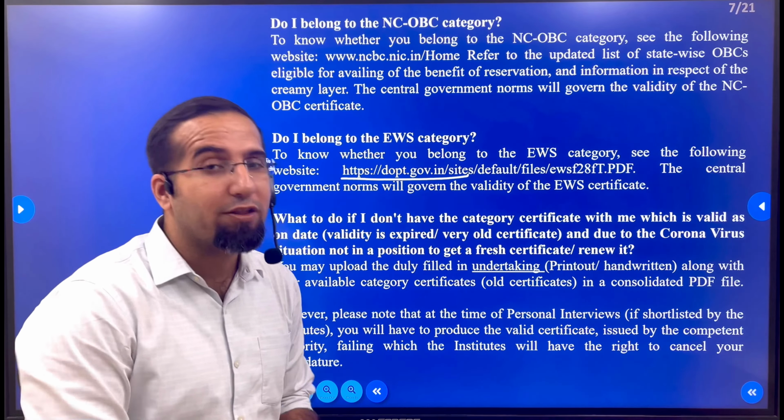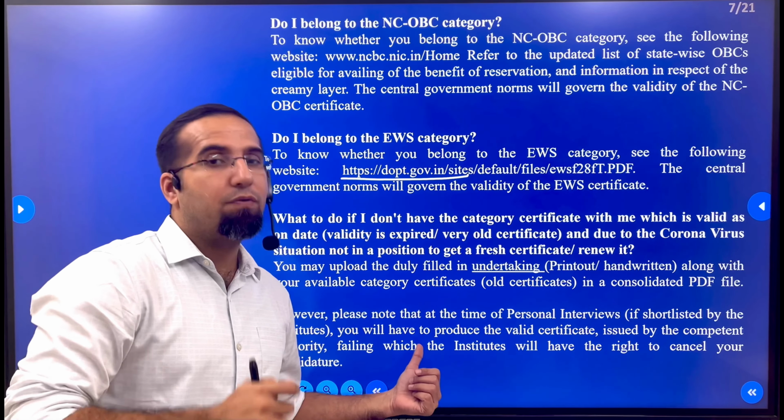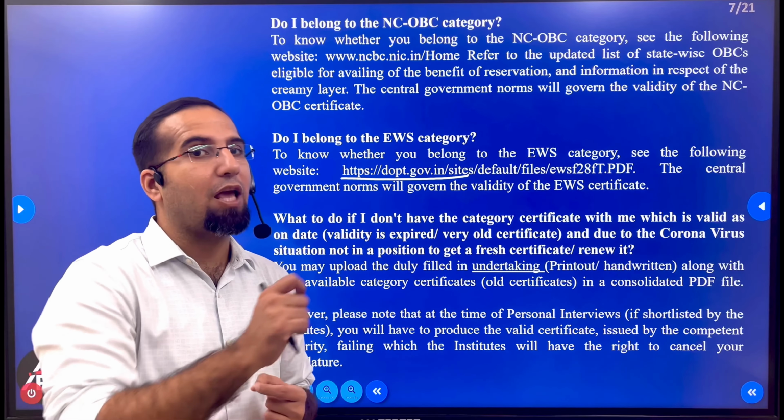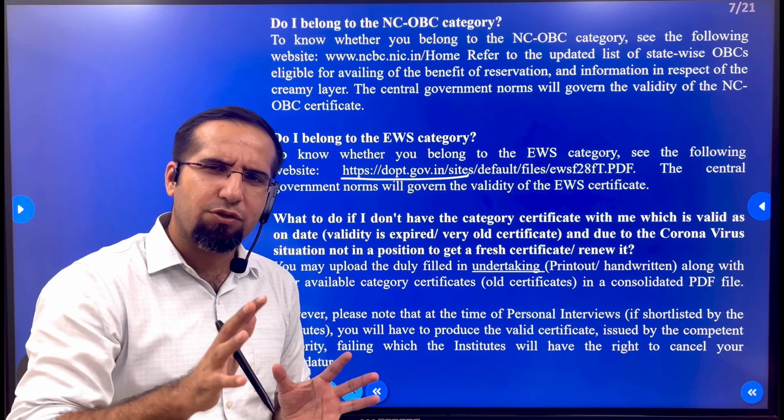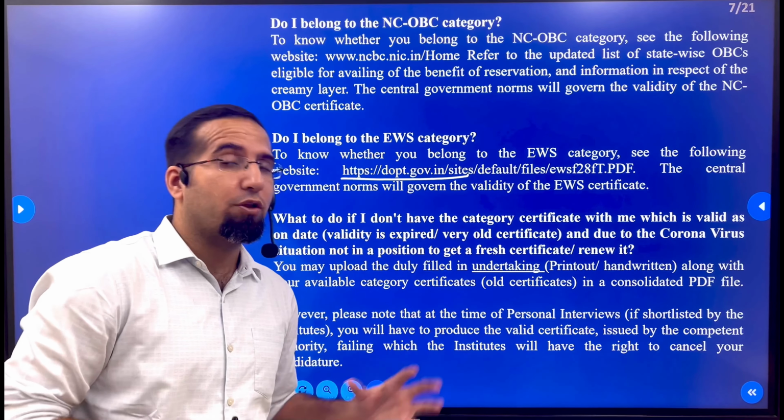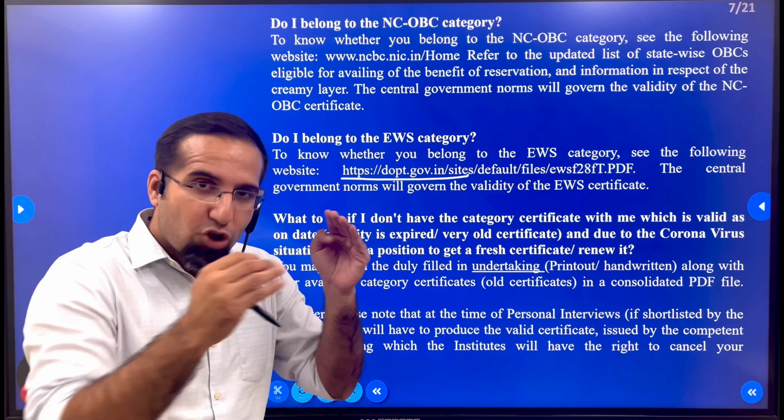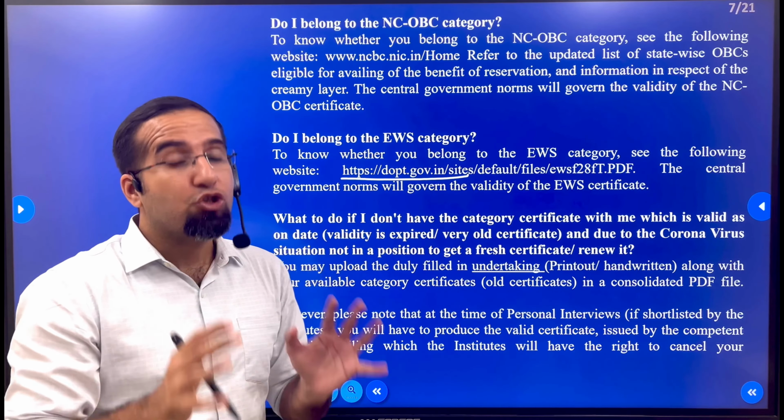If for the time being you do not have a freshly issued certificate, you can as well apply, or you can upload the undertaking, but apply for the fresh certificate, and during the time of interviews, which is precisely January or so, you should ensure that the freshly issued certificate is with you.